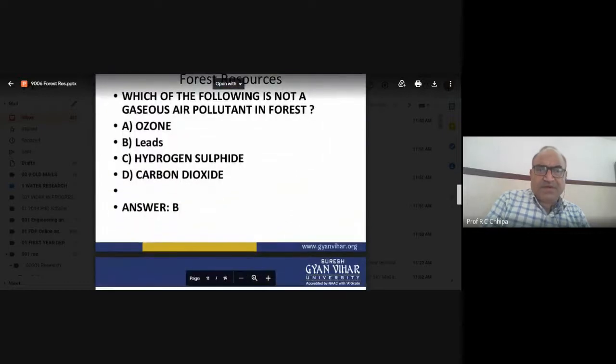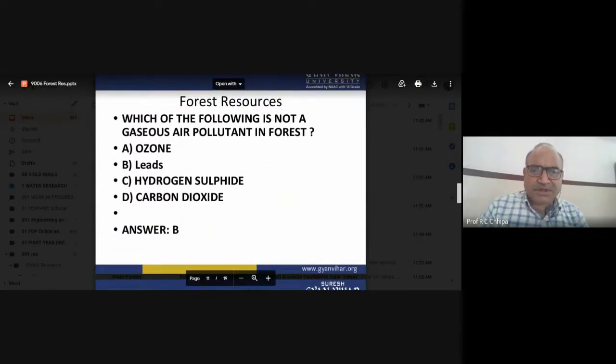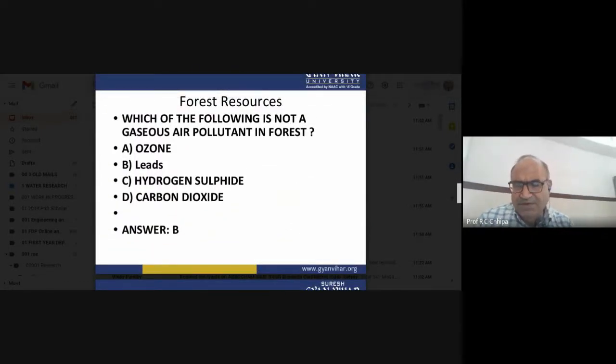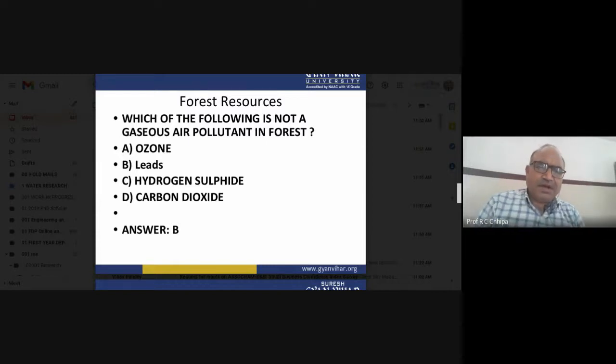So now we have questions relevant to the different environmental parts. Here we can see how forests are related with air pollution. In case of the forest, which of the air pollutants present is not a gaseous air part?